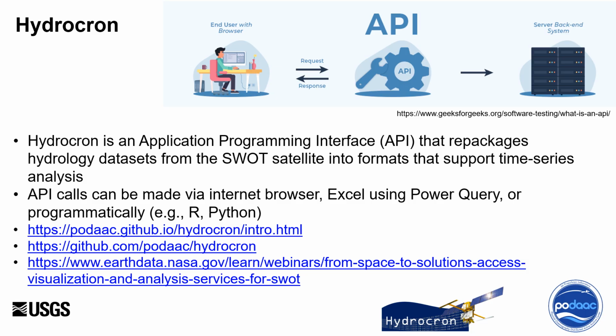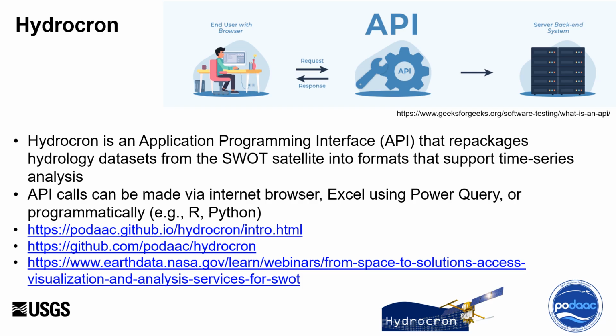An API is a service that allows an end user with a browser, for example, to make a request, and the request goes through the API service, which interacts with a server backend system to download or access the data. Then a response is returned to the user, which often contains, in this case, the satellite hydrology data.